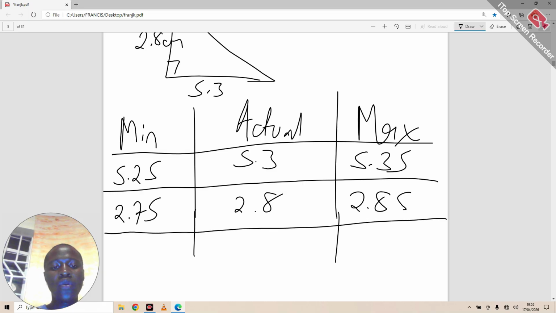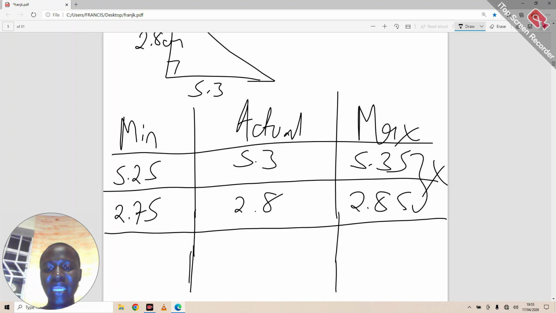So how do we get the area of a triangle? It is a half base times height. You don't multiply 5.3 times 2.5. You must apply the real formula of a triangle. So now you'll have a half times base 5.35 times 2.85.